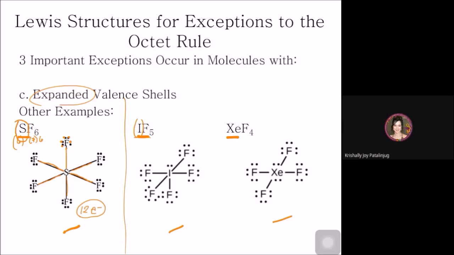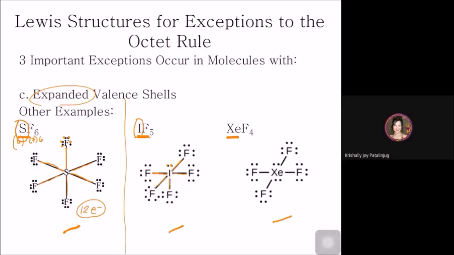Pwede, ma'am, nga iba yung structure namin? Oh, okay lang. Basta 5 yung bonds. Okay, 5 yung bonds connecting iodine to fluorine. Tapos, meron siyang isang lone pair. Dalawang lone electrons. Okay? Following the basic steps in writing Lewis structure.